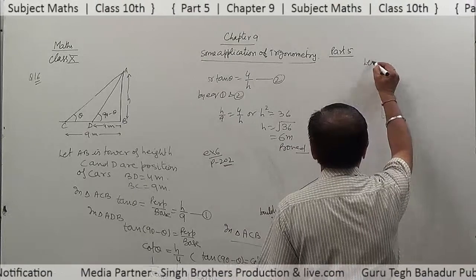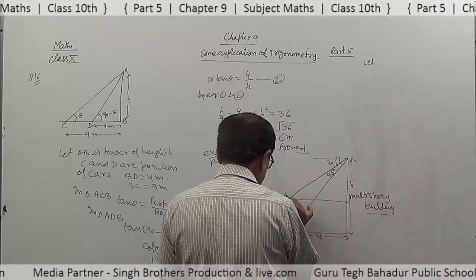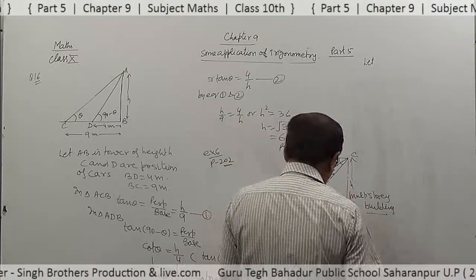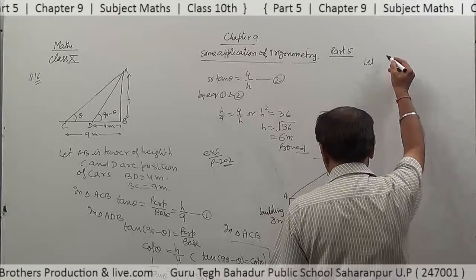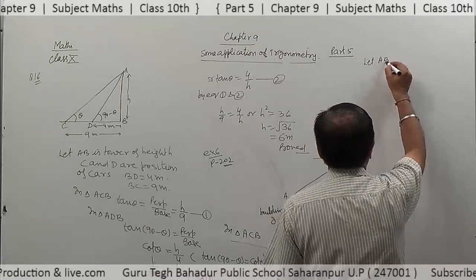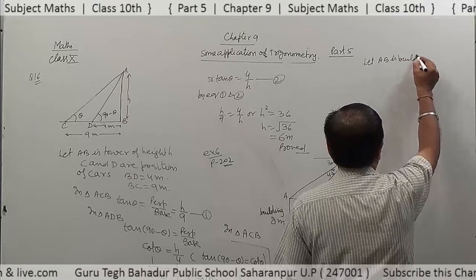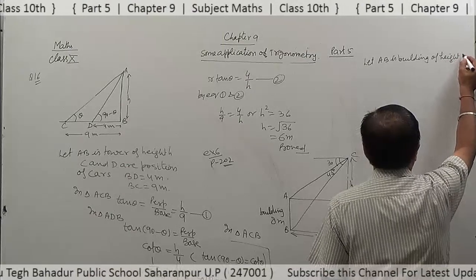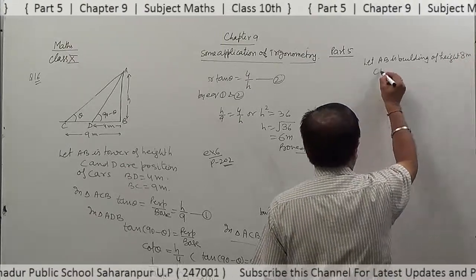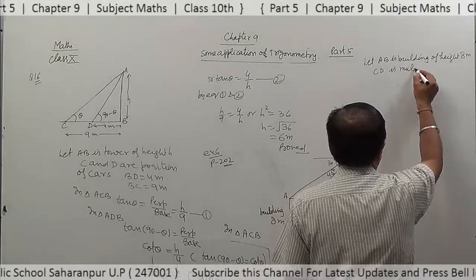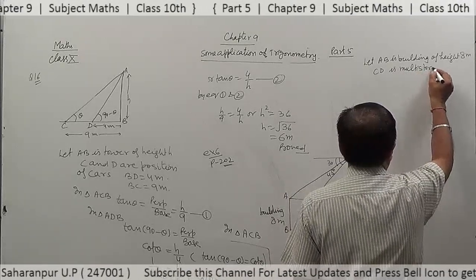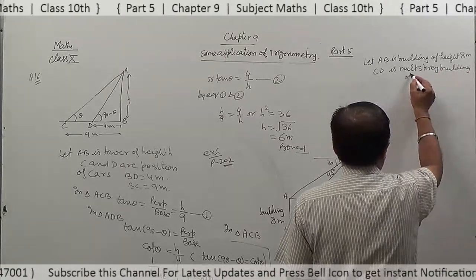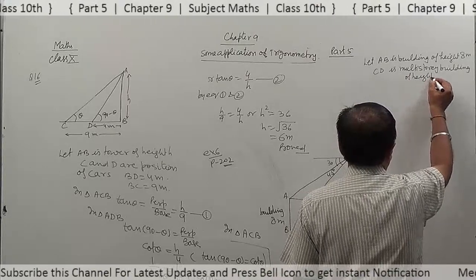Let this be AB, this be CD, and this be point E. Let AB be the building of height 8 meters, CD the multi-story building of height h.